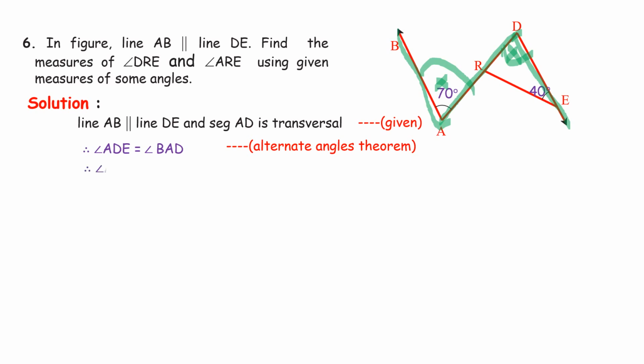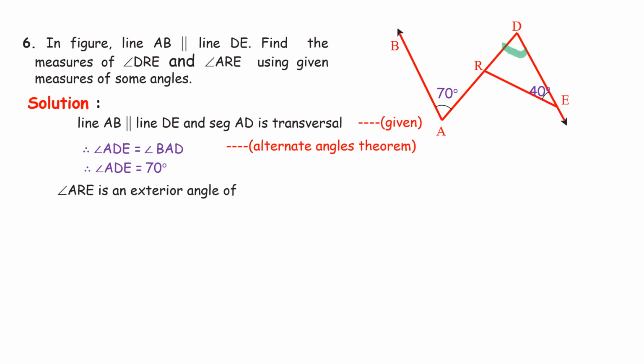Write down the reason: alternate angles. Therefore, angle ADE is equal to 70 degree. This is 70 degree. Angle ADE or angle RDE also.